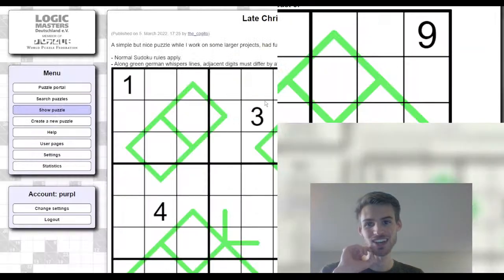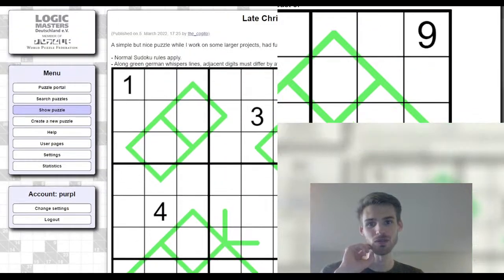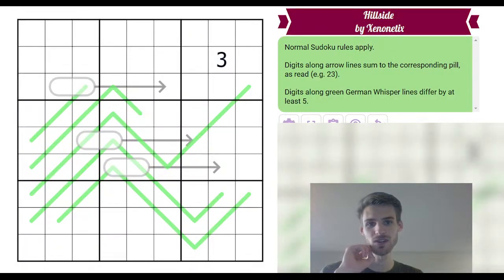So we have Late Christmas, which is just a pure German Whispers. It's 2 out of 5. And then we have Hillside, which is 2-cell arrows with German Whispers. And it is also 2 out of 5. It has 22 solves on the archive. Lots of exceptional puzzles, lots of beautiful logics. So I'm fine with solving either of these. Late Christmas is 60%. Hillside is 56%.